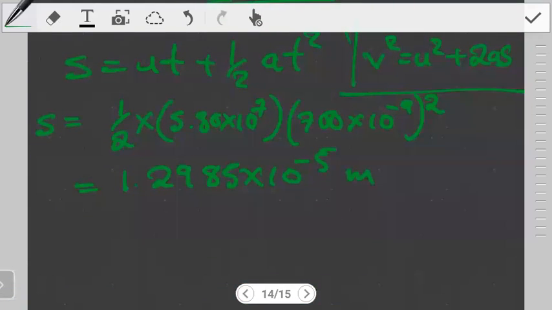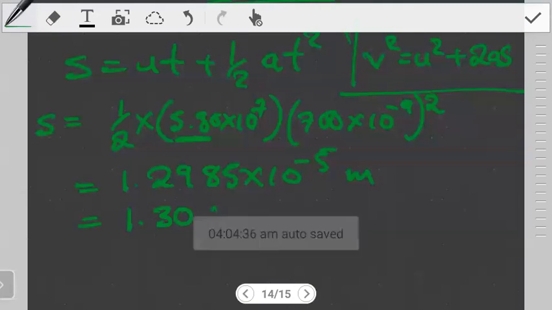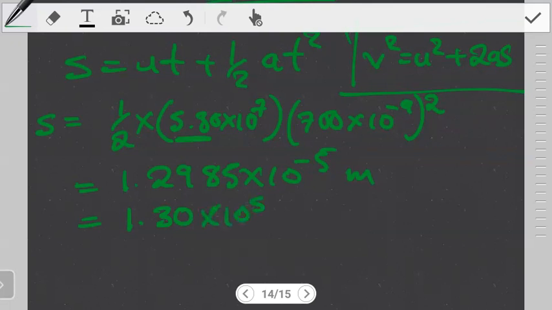But when you look at everything else given in the question, we're leaning towards using 3 significant figures. A good example is this 5.30. So we give our value to 3 significant figures. When we round off, this becomes 1.30 times 10 to the power negative 5 meters. So the final distance is 1.30 times 10 to the power negative 5 meters.